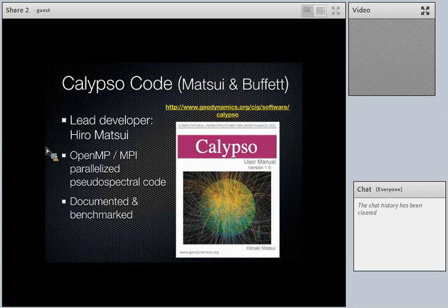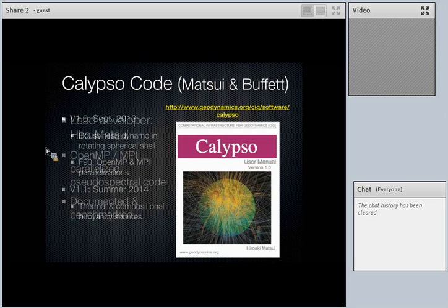Again, good documentation is available on the CIG webpage, and it's documented and benchmarked. Version 1.0 was put out in September 2013, so it's available for download at any point in time.